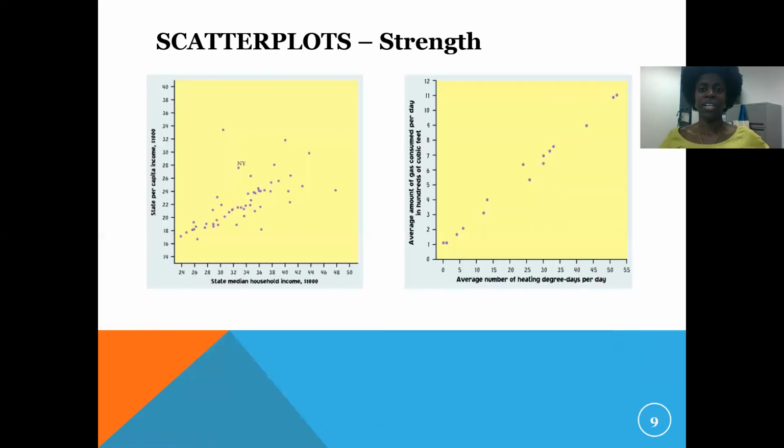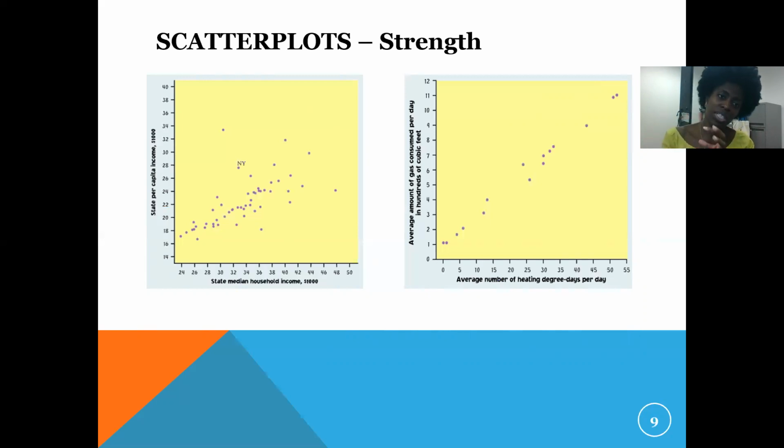All right. And so here's an example of strength. Again, I want us to pick through this together. To the left, would you say that's pretty spread out, or very close together? What about the second one on the right? Which one has a stronger relationship? These are two completely different sets of variables, right?